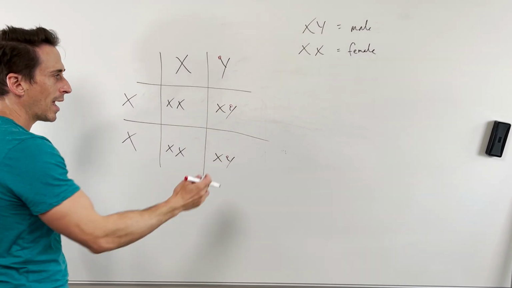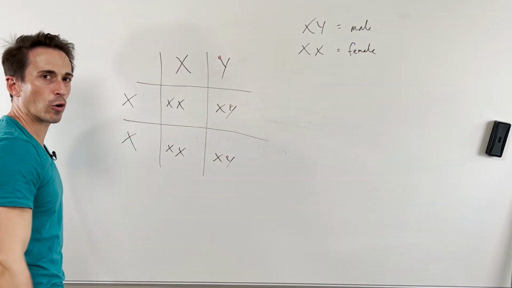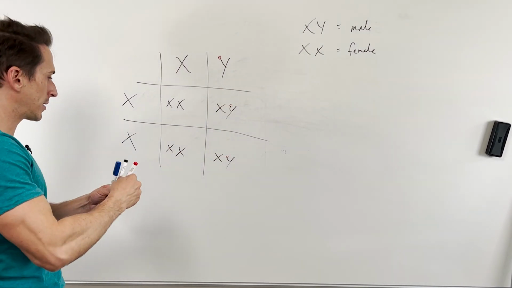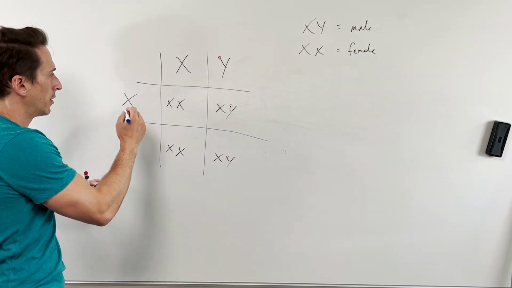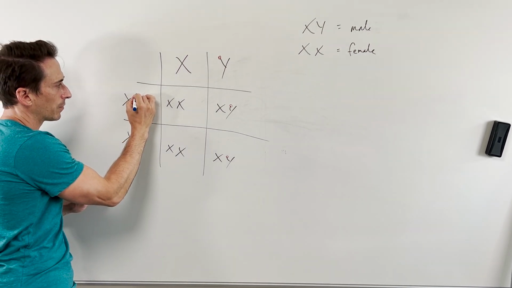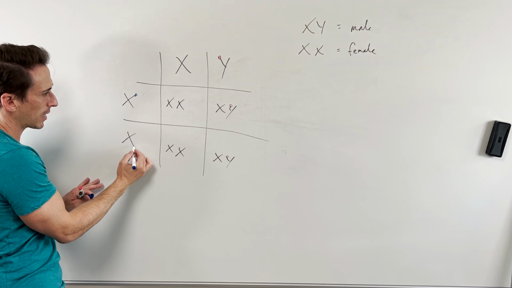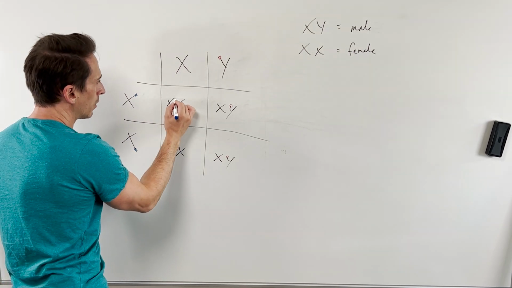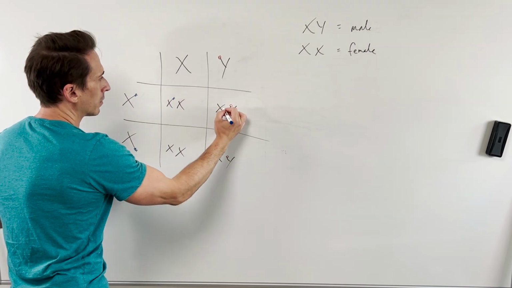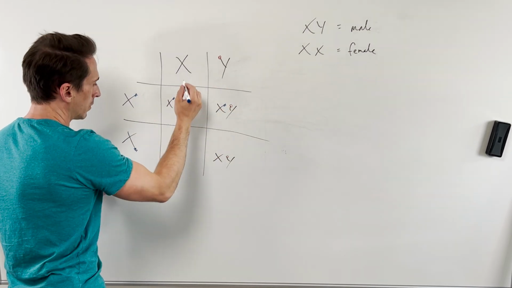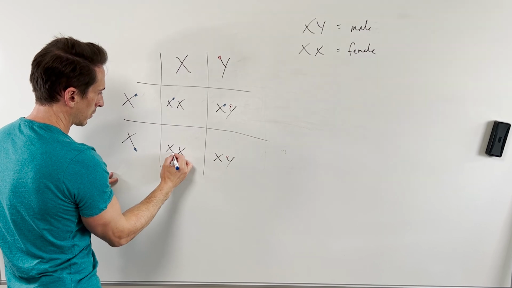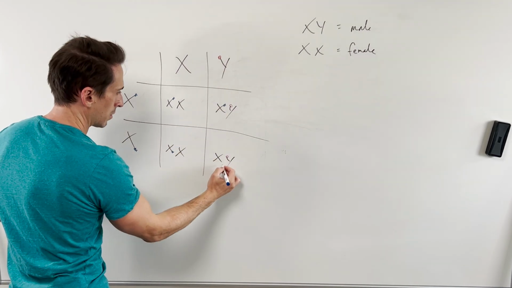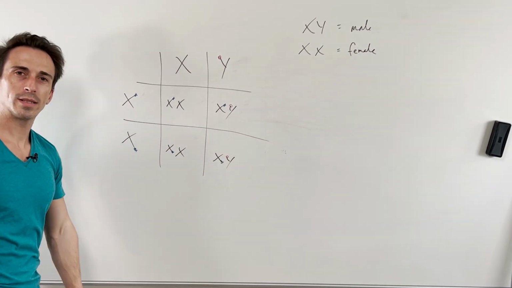So obviously, every single male gets their Y chromosome from their dad, which means let's tag this X here like that, and let's tag this X here like that. What do we see?